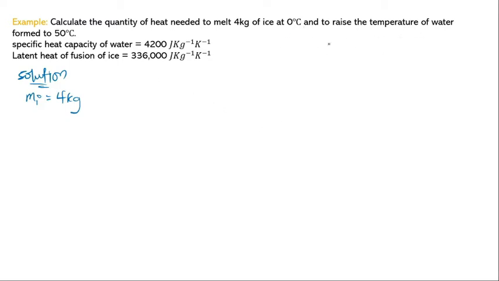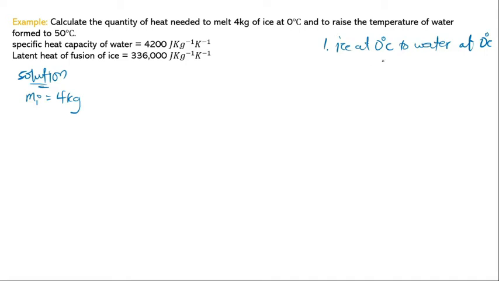Now let's look at the changes that are occurring here. First of all, the ice is at 0 degrees Celsius, so we need to convert ice at 0 degrees Celsius to water at 0 degrees Celsius. This transformation is latent heat, from ice to water, so it's latent heat of fusion.